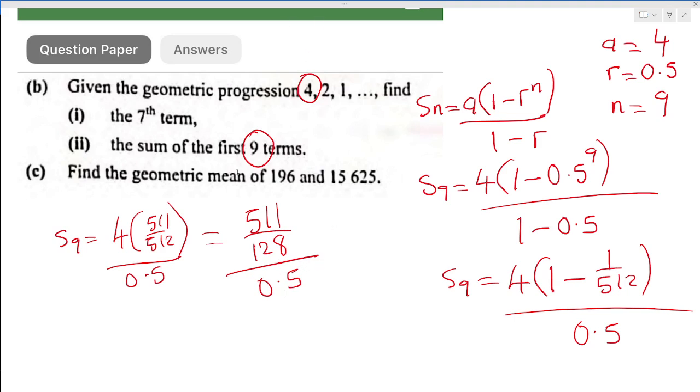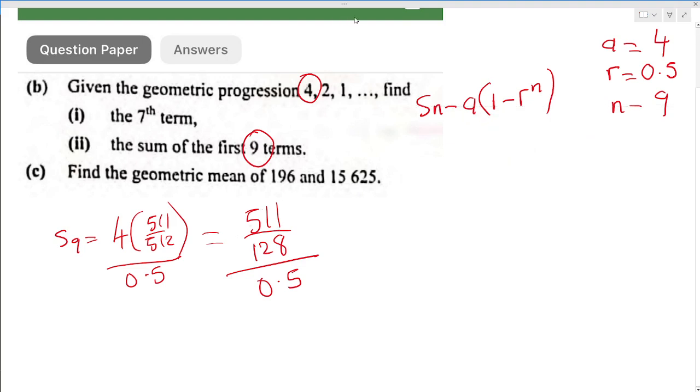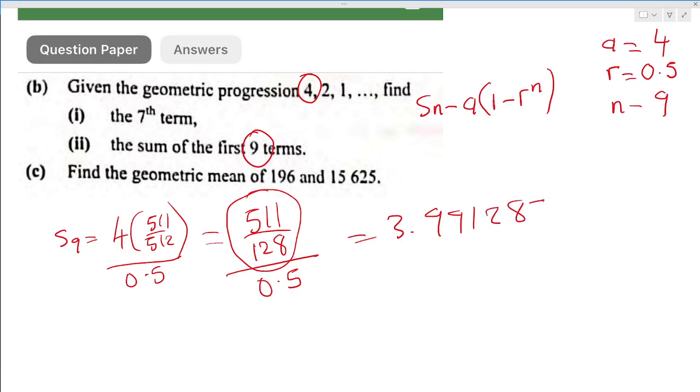At this point, if you now don't want to deal with this problem here, you can rewrite it this way. Let me create space here. You can convert this fraction to a decimal and it gives me 3 point, though you should be ready to write down a couple of values. If you miss one value, you are gone also. So be very careful.